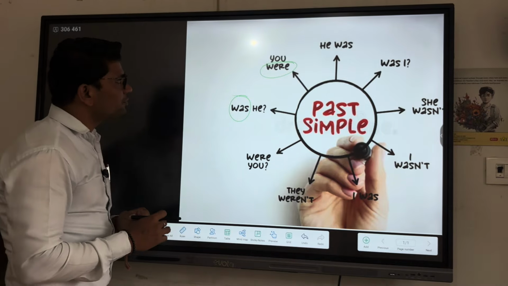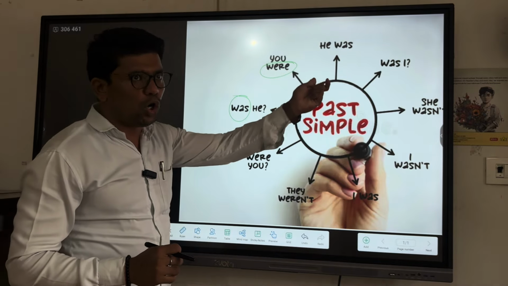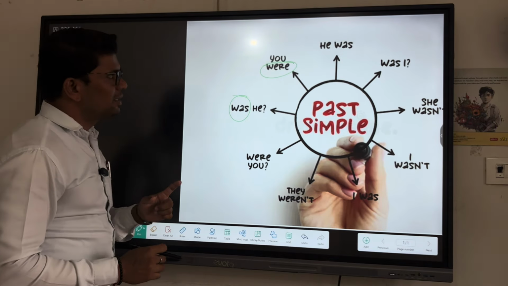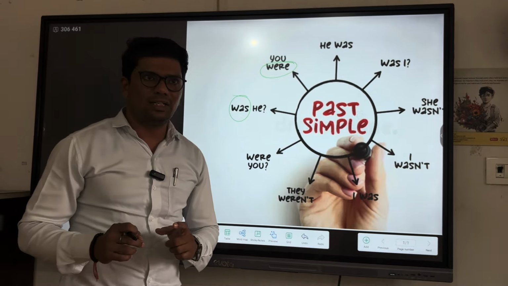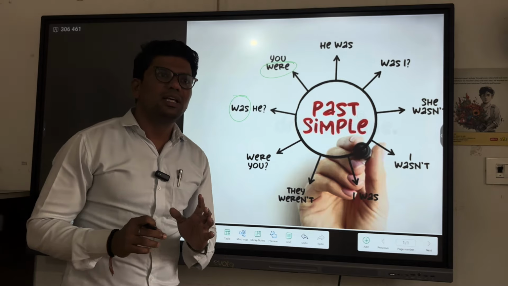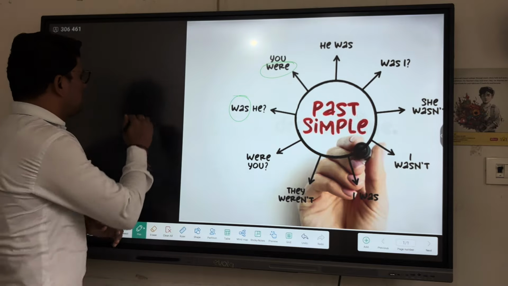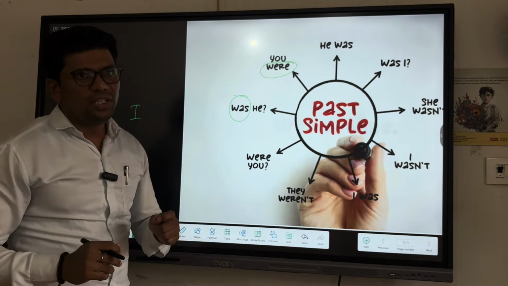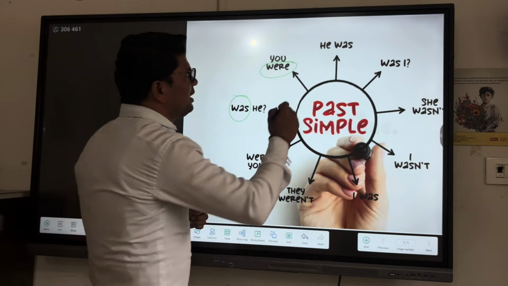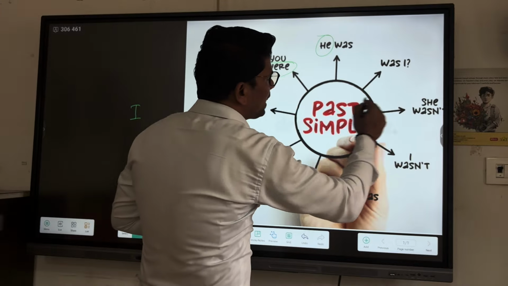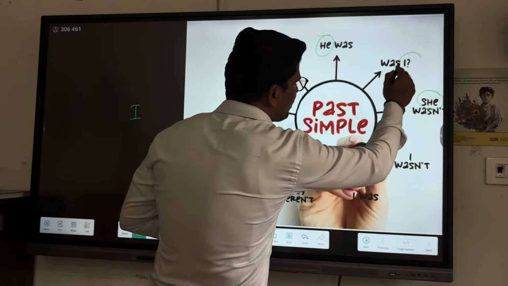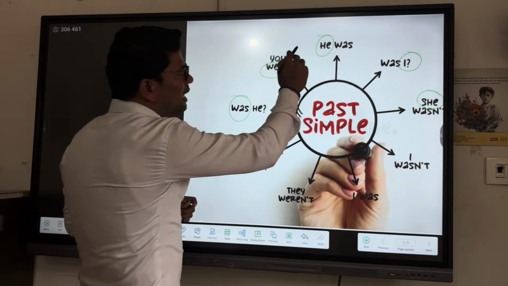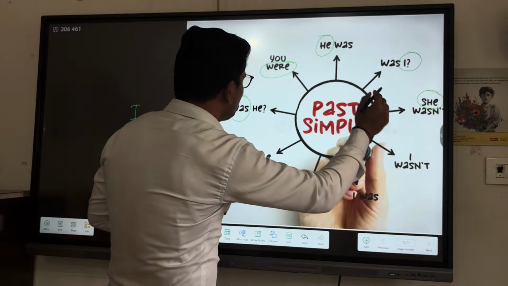Now let's see, with whom do we use was and when should we use it? Friends, first we have to keep in mind that was is used with the first person singular subject I. Then it is used with the third person singular subjects like he, she, and it.